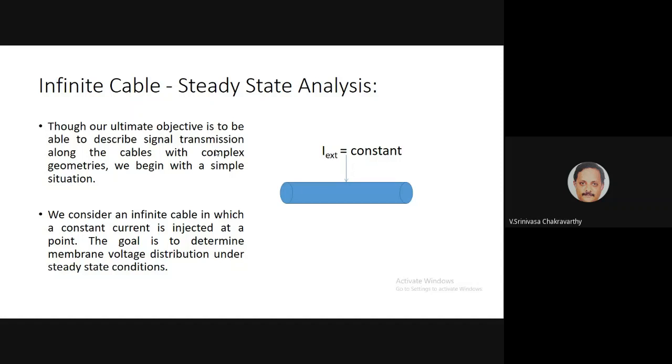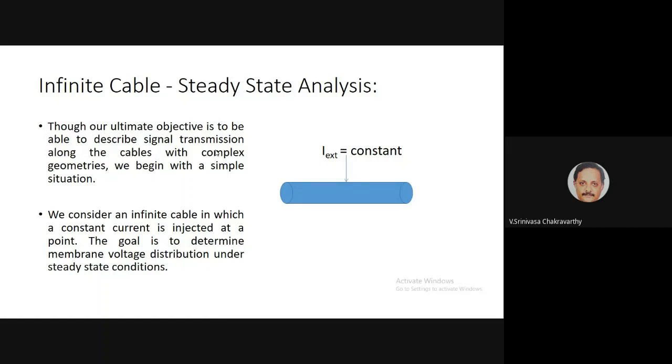So under what conditions shall we solve this equation? If you want to see some kind of voltage distribution, and you just have a cable without any external input, then the voltage will be zero everywhere. So you need to inject some current to produce some voltage distribution. The simplest kind of current input is where you inject current at a given point in the cable.